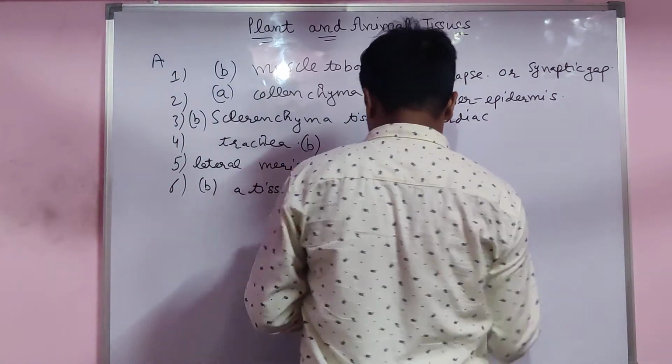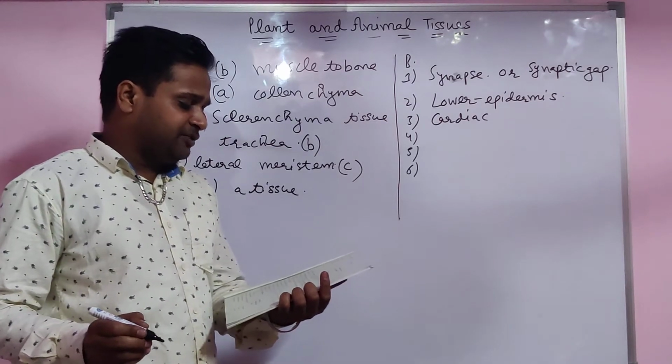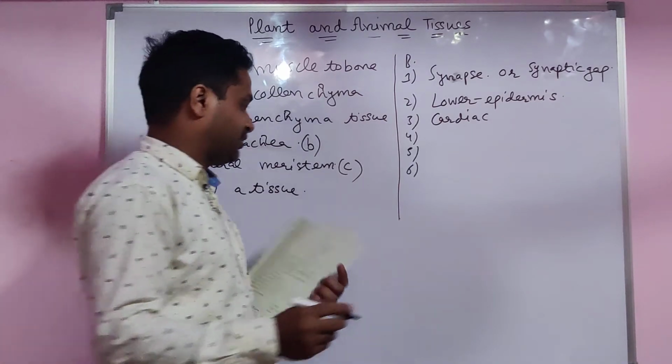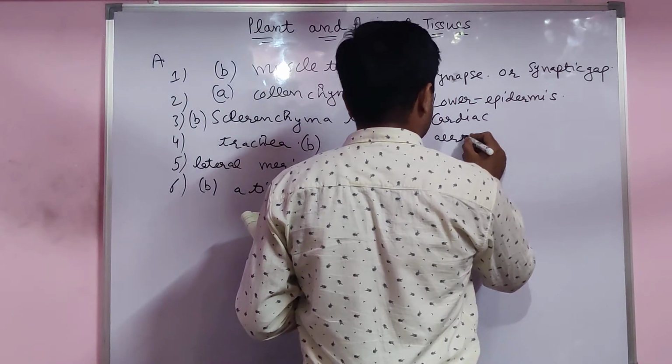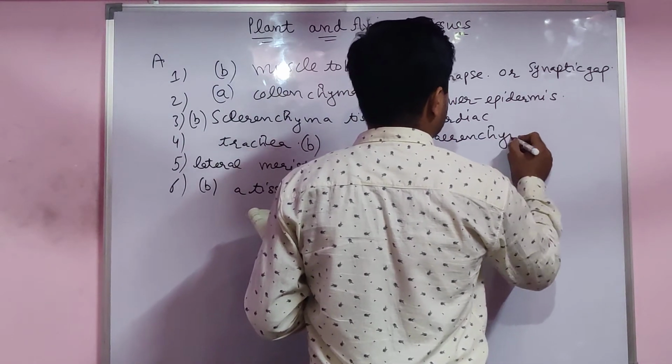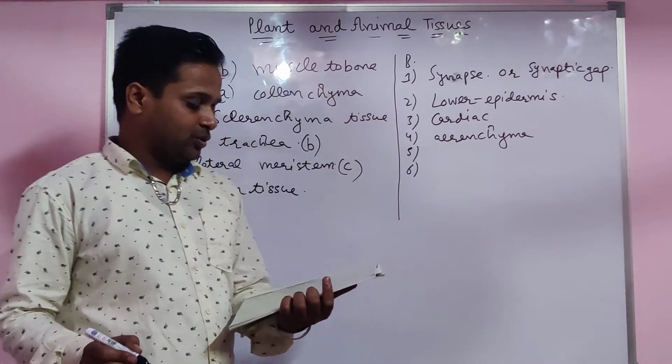Cardiac muscle. The lotus leaves would have a dash tissue to provide buoyancy. Parenchyma only. Pits are seen in the dash tissue.